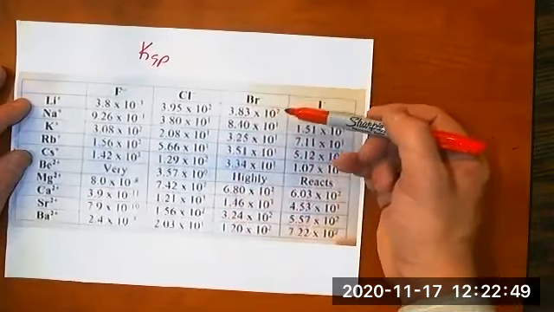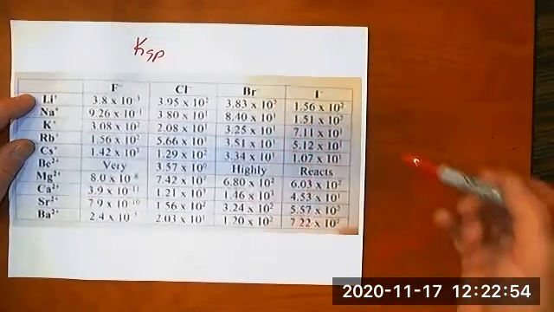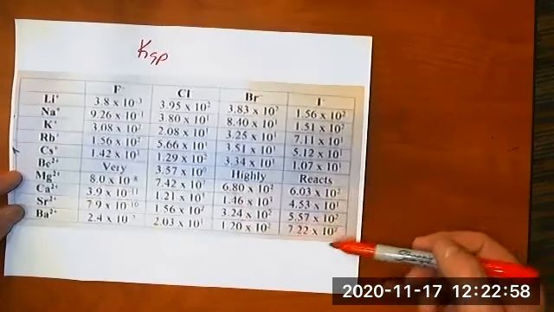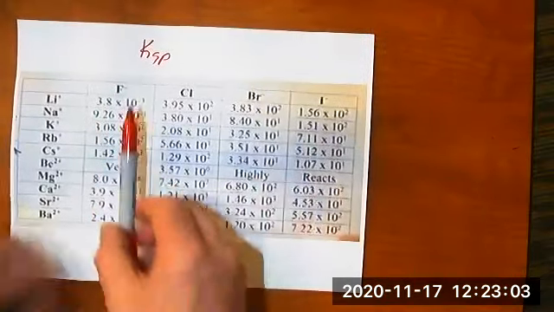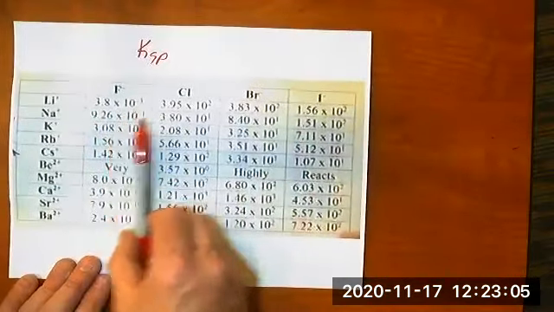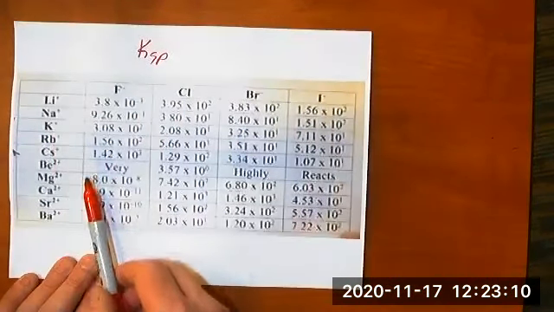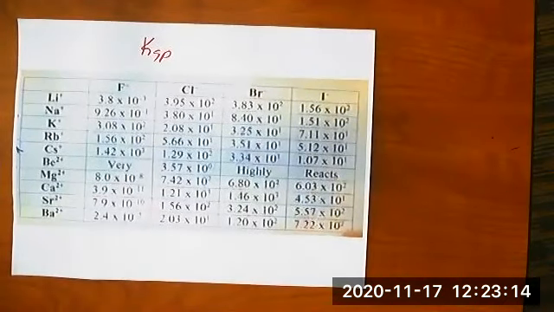Okay, the bromides, they seem to go down and then kind of stabilize. Iodides seem to generally kind of go down, but here it goes down and then back up. Here it goes up and then down. If we look across, the fluorides are generally the lowest solubilities across the board, except not for potassium, rubidium, and cesium. So I came to the conclusion that there really aren't any trends. So at least nothing that seems to be particularly reliable.